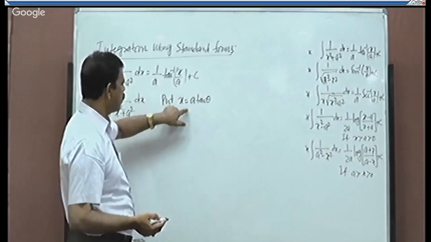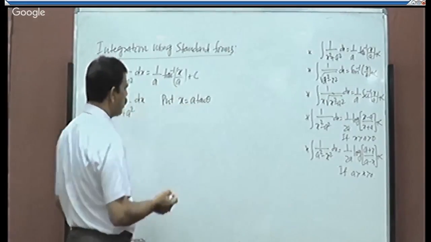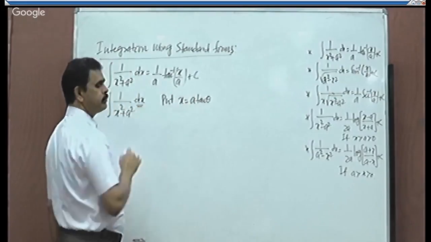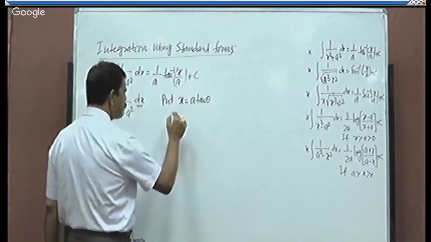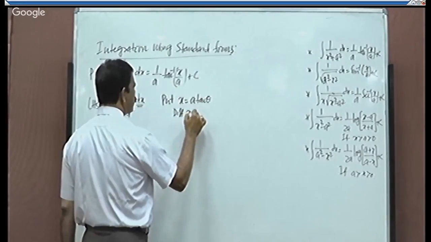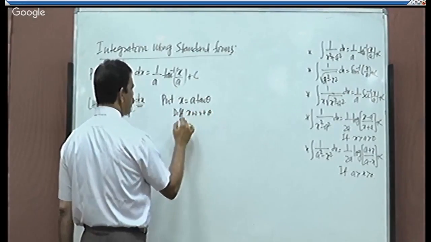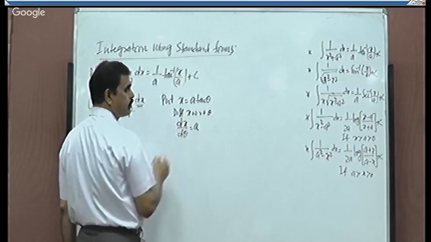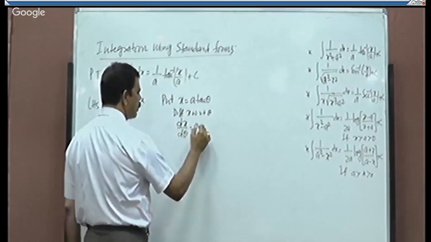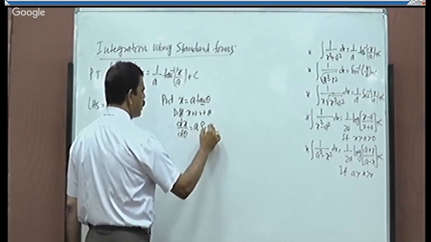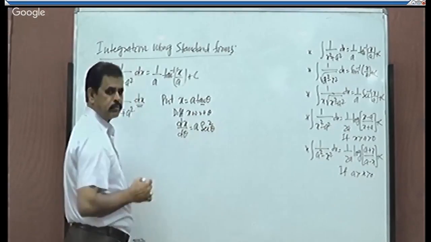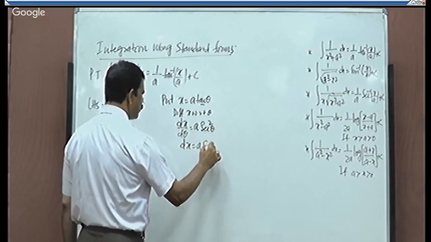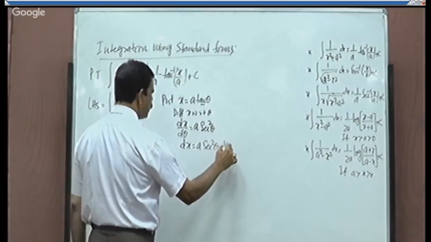Therefore, we need dx, so differentiate x with respect to theta. dx by d theta is equal to a, which is constant, keep as it is, times the differentiation of tan theta, which is secant square theta. Or dx is equal to a into secant square theta into d theta.